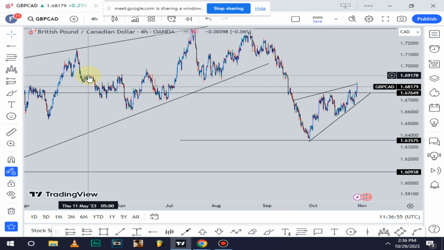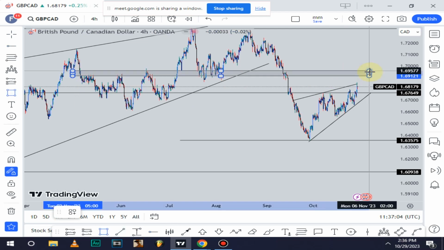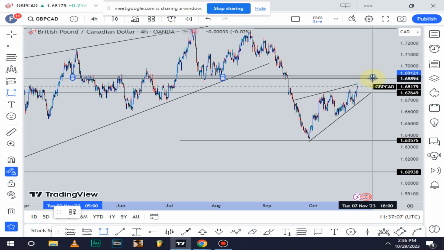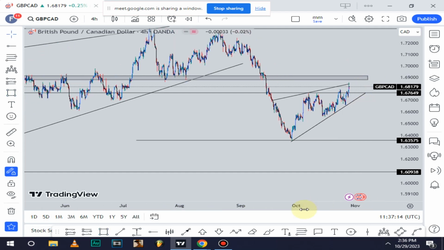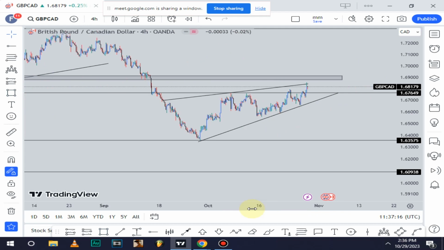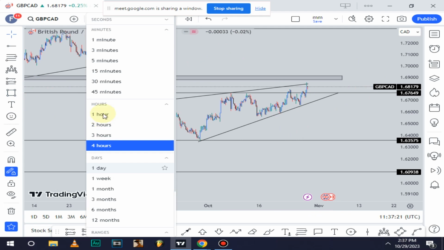Also we had a zone right here. Let me just identify and mark this zone over here. Just like that. So that might be a very sensitive zone for us to take our entry position. So let's just go back to the H1 and see what the market will be doing or trying to say.